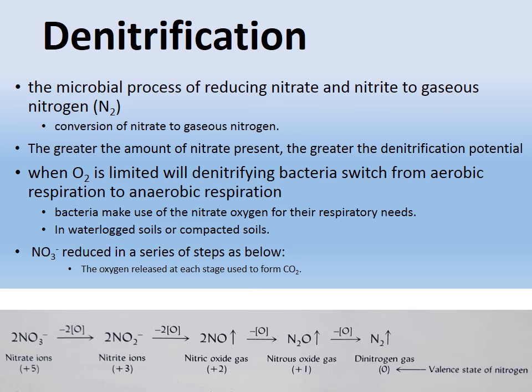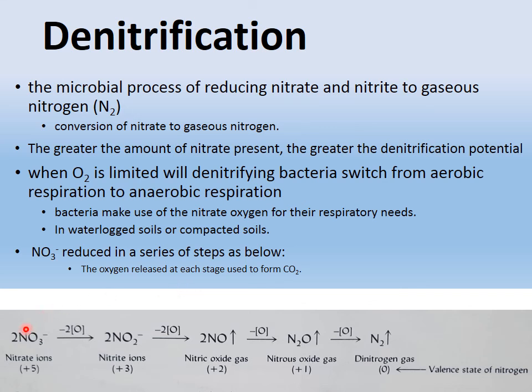So nitrate ions are reduced in a series of steps, and the oxygen released at each stage is used to form carbon dioxide by the soil microbes. You start off with your nitrate ions in the soil, which are available for plants to take up, and you end up with nitrogen gas in the atmosphere.